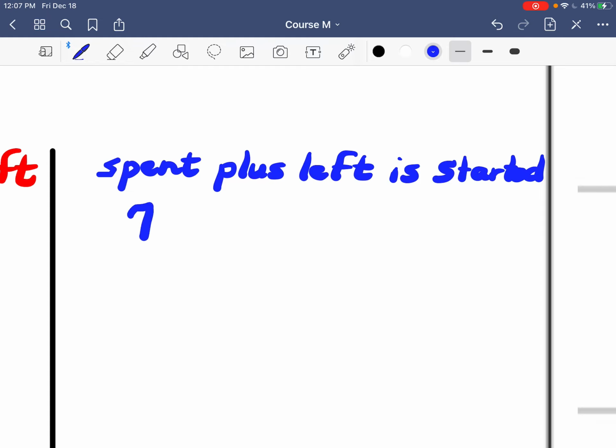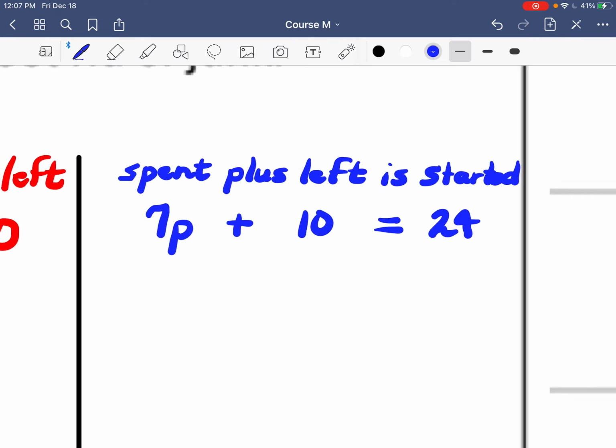So she spent 7 times whatever p is. She has $10 left, and that totals up to be 24.